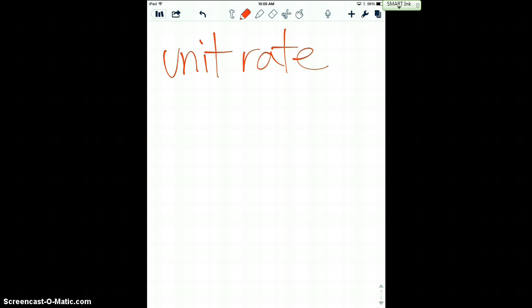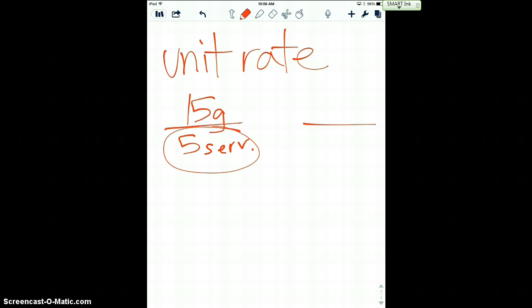So let's go ahead and extend the idea into a certain type of rate, unit rates. A unit rate is going to be a rate, but for 1 unit of a given quantity. So that 15 grams of fat per 5 servings is not going to be a unit rate, but to make it into a unit rate, I'm going to make this into 1 unit.